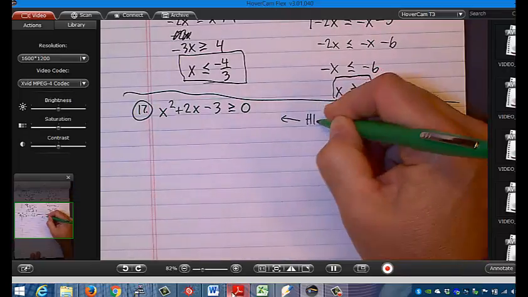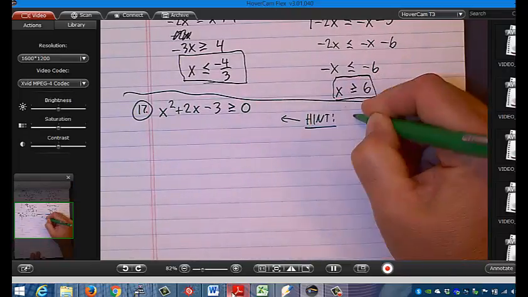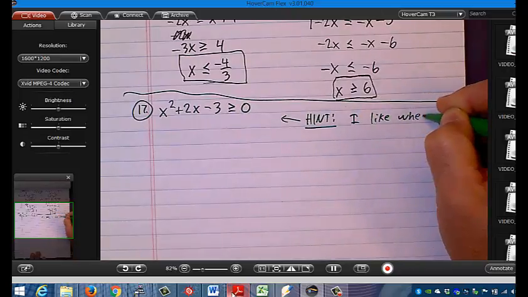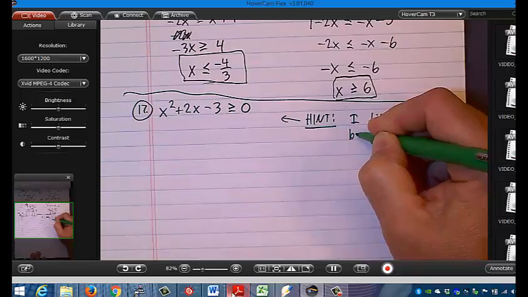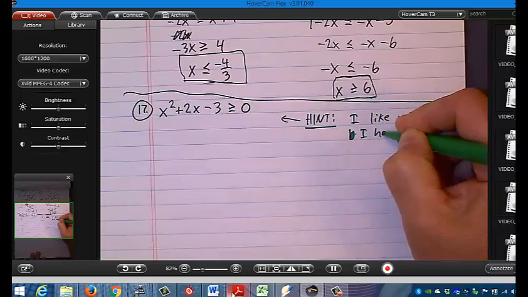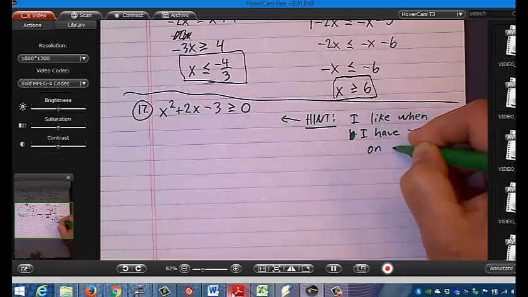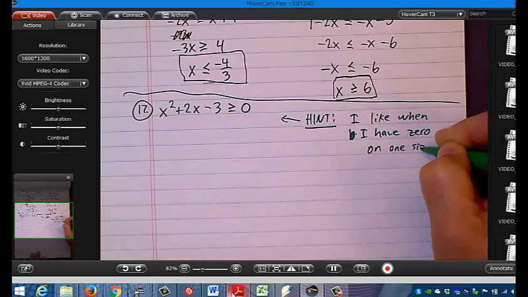Hint: I like when I have 0 on one side. I like that.